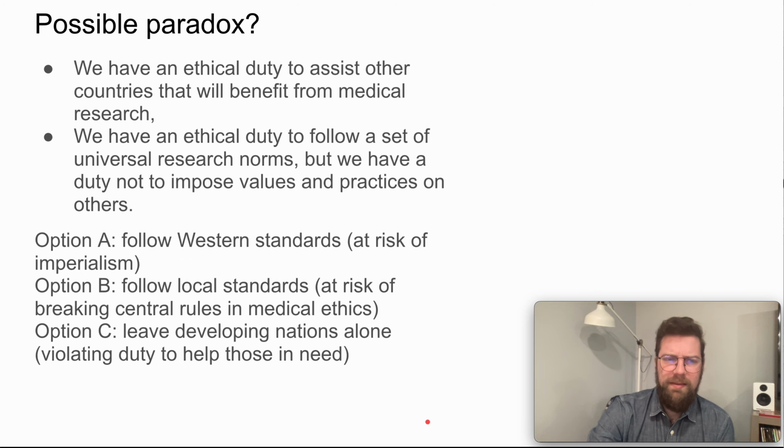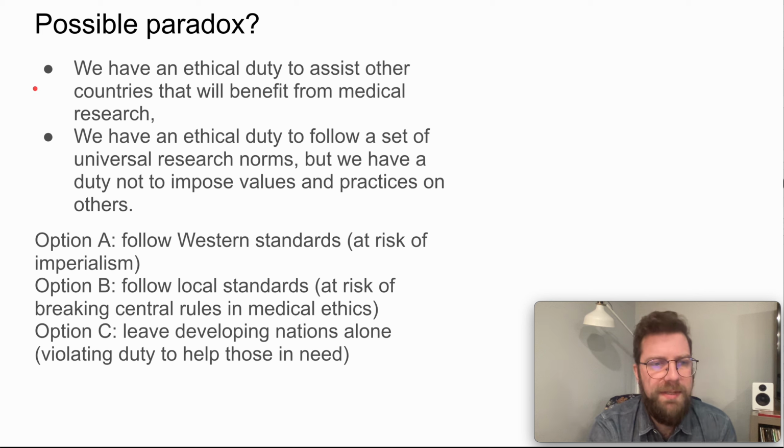So this leads to what we might even call a possible paradox, right? It seems that we have a duty to assist other countries that will benefit from medical research. It seems important that we help countries suffering from problems like malaria and tuberculosis to find medical solutions to those problems.